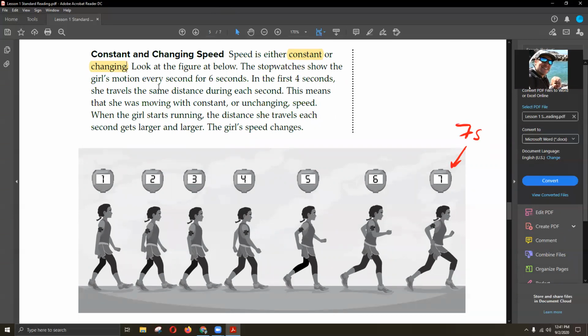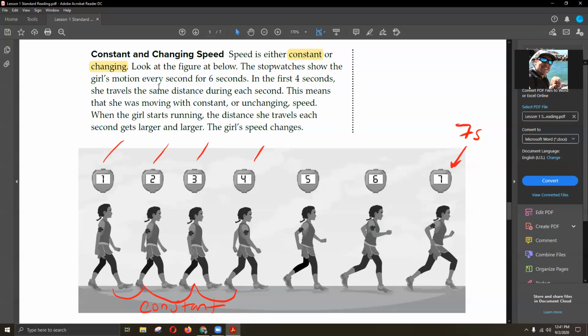In the first 4 seconds of her walk, you can see that the distance she travels with every step is the same. She is stepping with the same speed for the first 4 seconds of her walk. Her speed right here is constant.